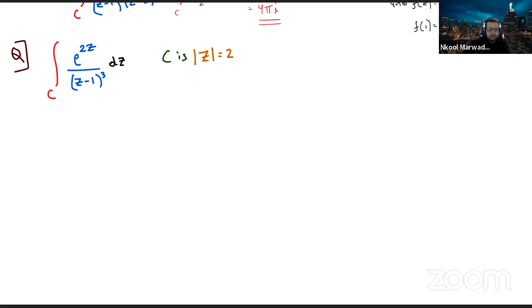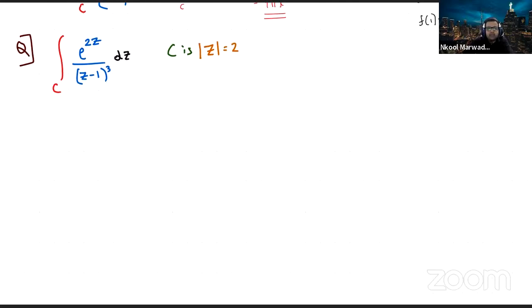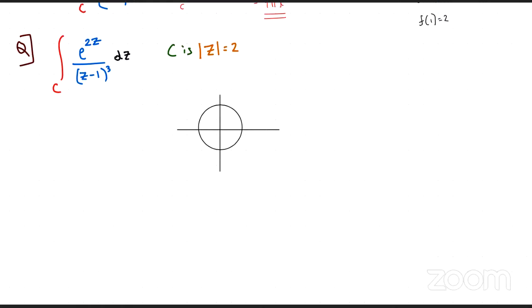Now first let us visualize this. Once again we have a circle with the center at the origin and radius 2, from minus 2 to 2.